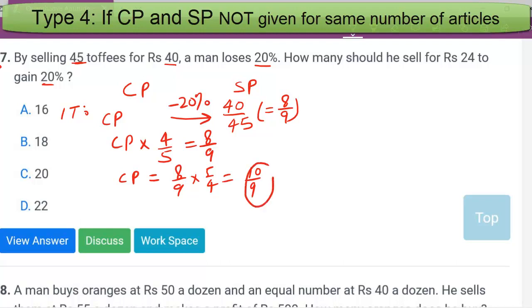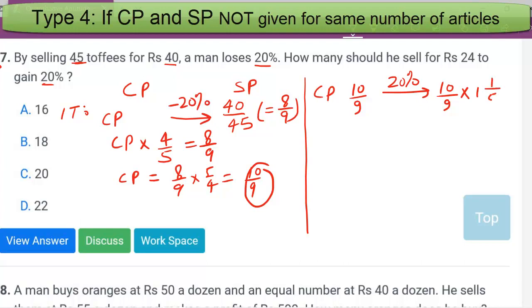Once you get the cost price, now look at what is given: how many should he sell for rupees 24 to gain 20%. The cost price you have already calculated as 10 by 9. In order to gain 20% over this cost price, you have to multiply by 6 by 5, because 20% gain means 120% of this price, and 1 by 5 is 20%.